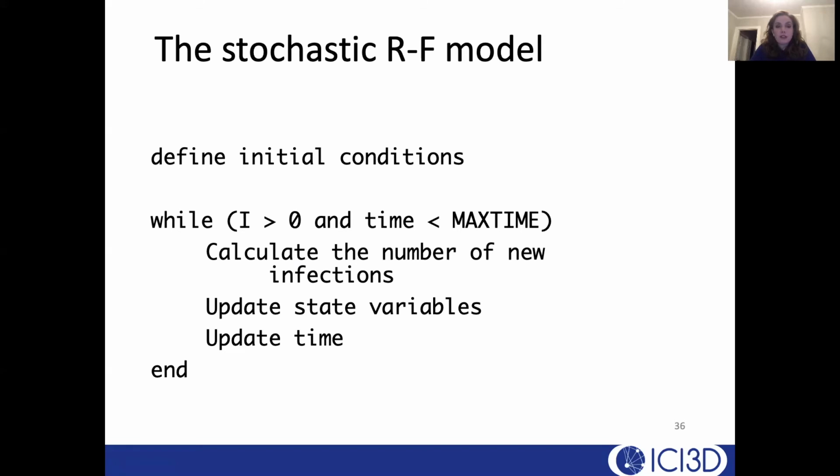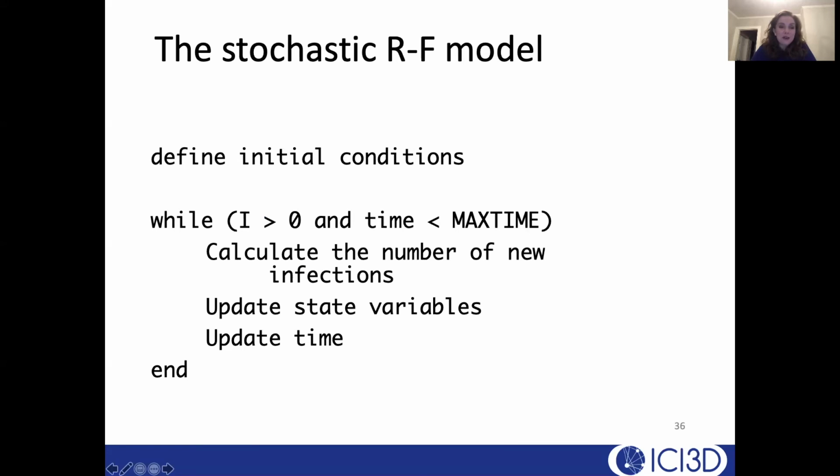So for the stochastic Reed-Frost model, a summary of the steps for our simulation would be to first define the initial conditions, and then we're going to have this while loop with the condition that the number of infectious individuals is greater than 0 and that the time is less than some pre-specified maximum time, since you probably don't want your simulation to go on forever.